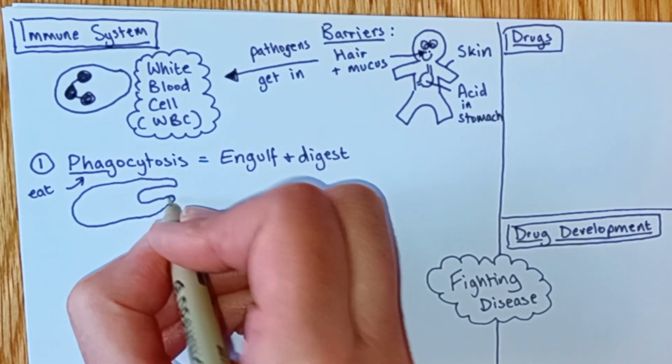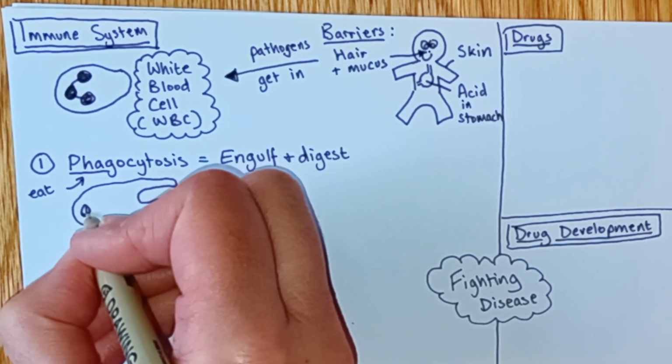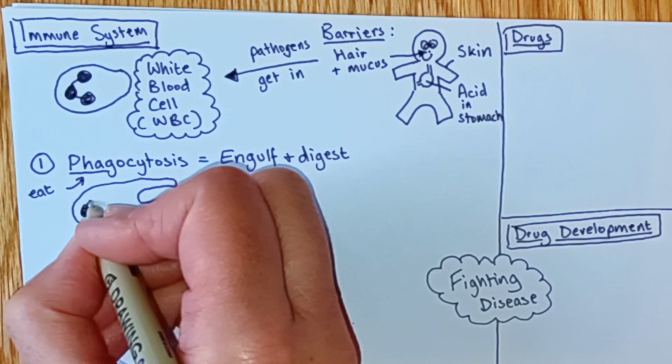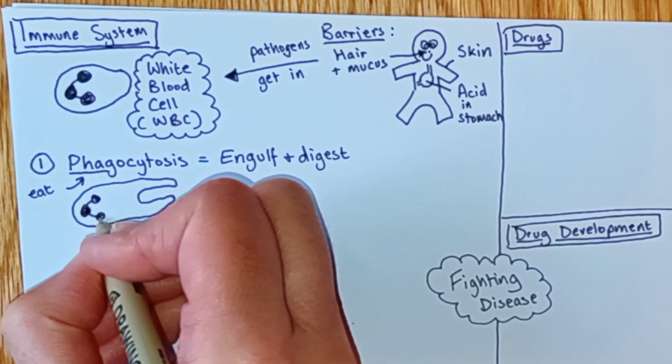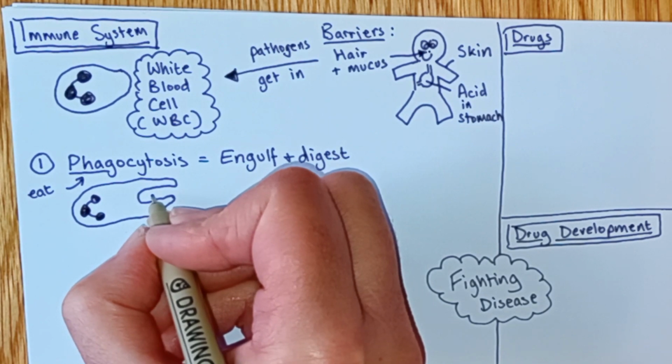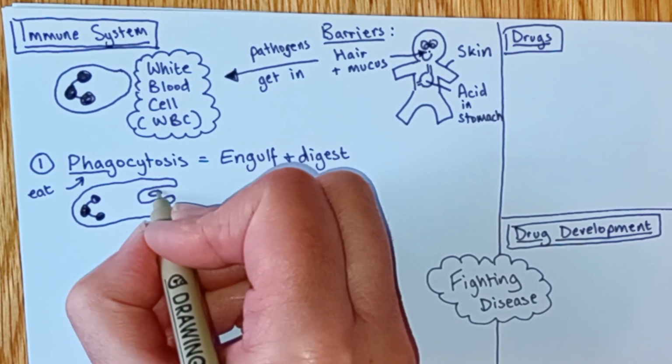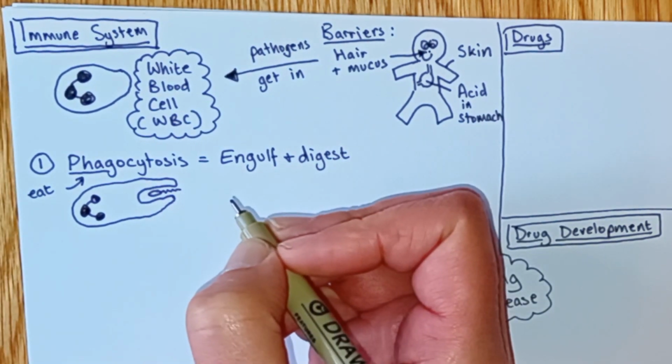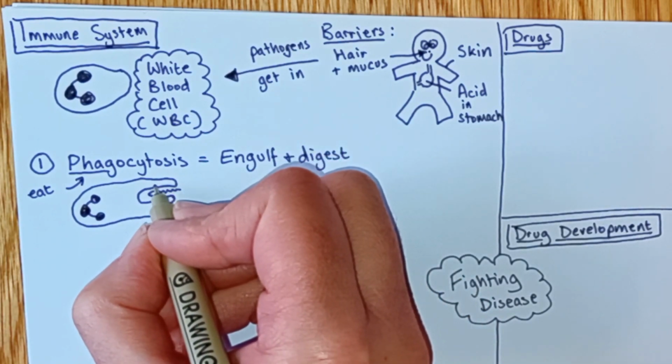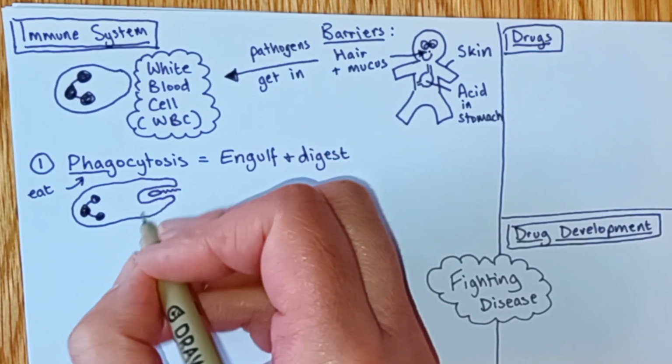So I'm going to draw my white blood cell. Here it is with its funny shaped nucleus. And here is our bacterium. Okay. So it's wrapping its cytoplasm around it.